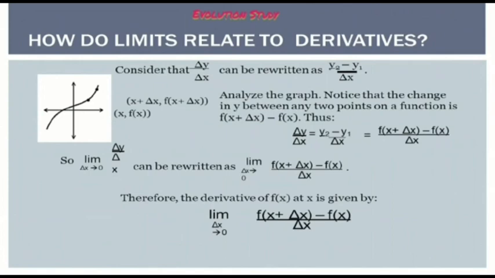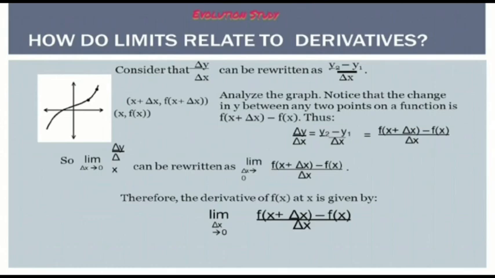Thus, delta y by delta x is equal to y2 minus y1 divided by delta x, which is equal to f(x plus delta x) minus f(x) divided by delta x. So, limit delta x tends to 0 of delta y divided by delta x can be rewritten as limit delta x tends to 0 of f(x plus delta x) minus f(x) divided by delta x.